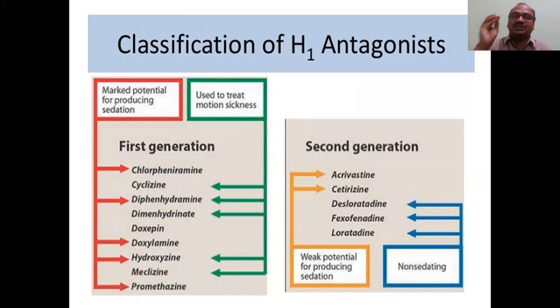Which of the drugs work against the allergy but do not produce any sedation? Very important. Desloratadine. What is the speciality of desloratadine? In the exam they will ask in pharmacology. Fexofenadine, loratadine. Take a screenshot; I allotted different colors. And you have to practice.